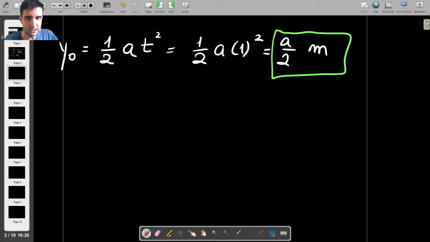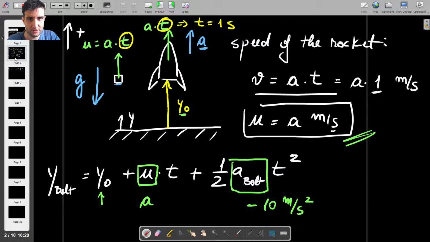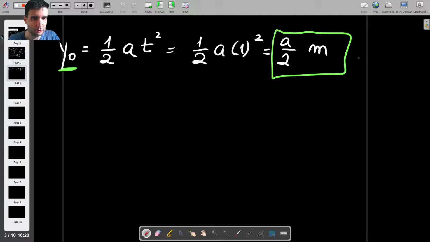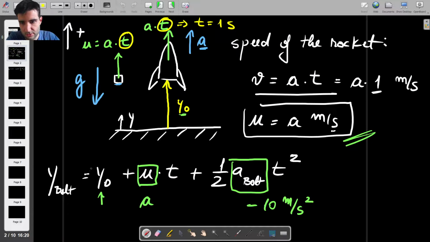So essentially what I did was I used the SUVAT equation for the rocket, and I used the time of 1 second, which is when the bolt drops. So when the bolt drops, the rocket had climbed up to this height, a over 2 meters, whatever that is. So let's see what we do with this. First of all, this will be replaced by a over 2.